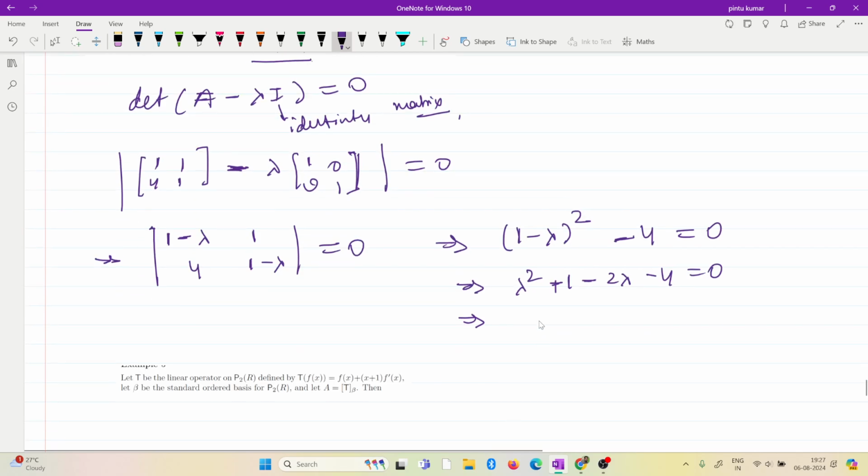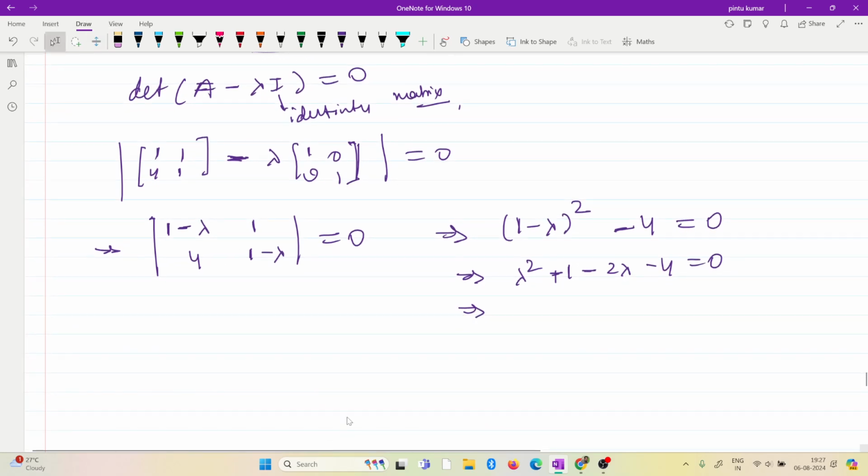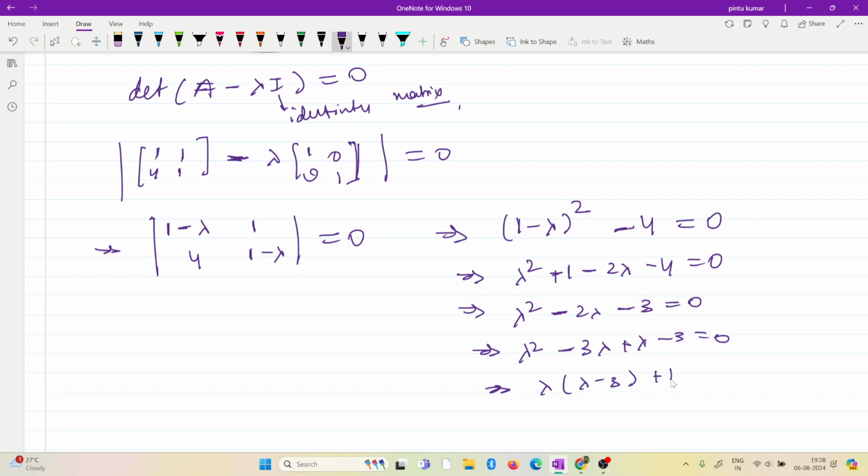This is lambda square minus 2 lambda minus 3 is equal to 0, which is lambda square minus 3 lambda plus lambda minus 3 is equal to 0, or (lambda minus 3) times (lambda plus 1) is equal to 0.